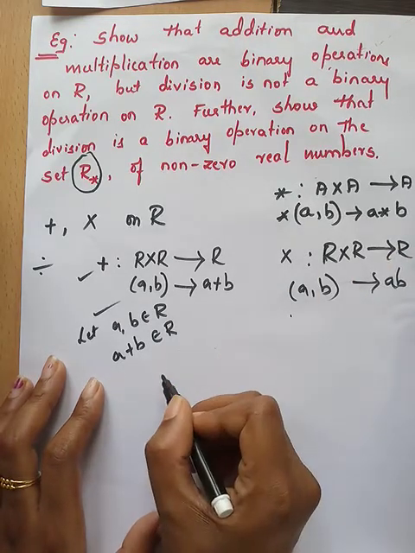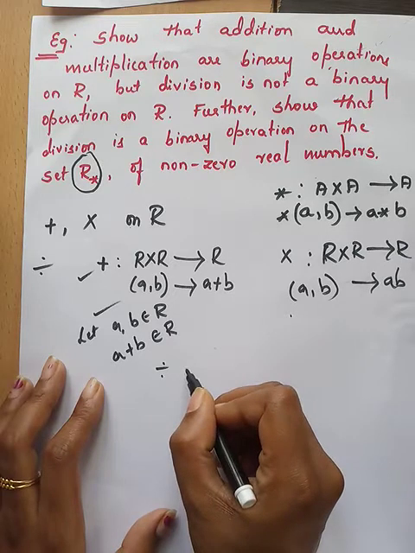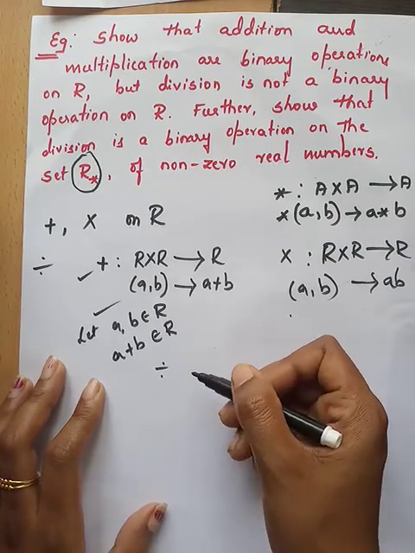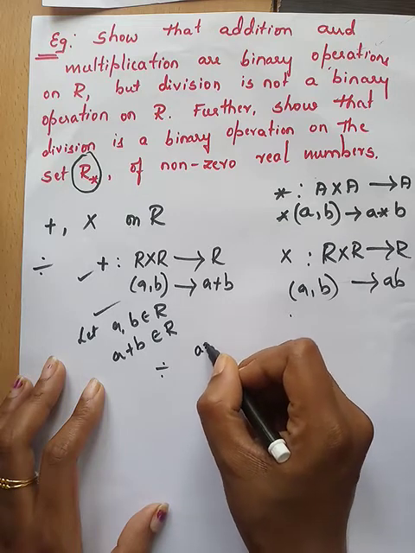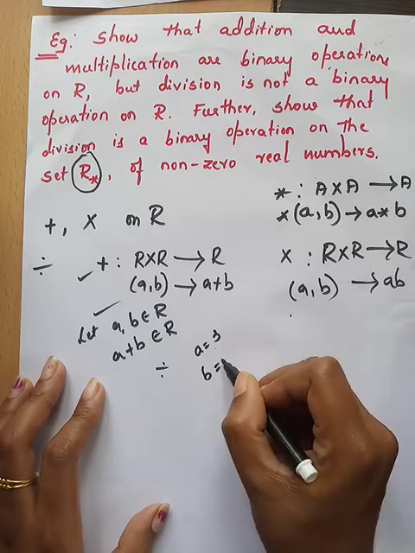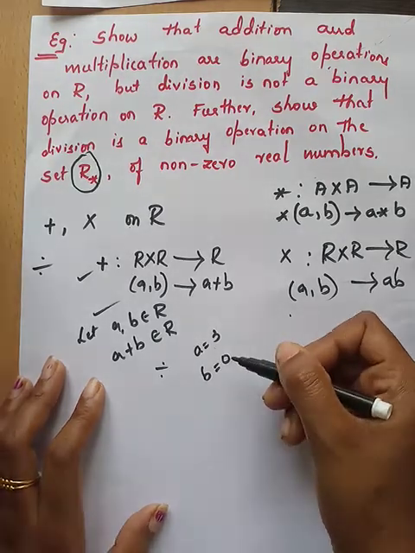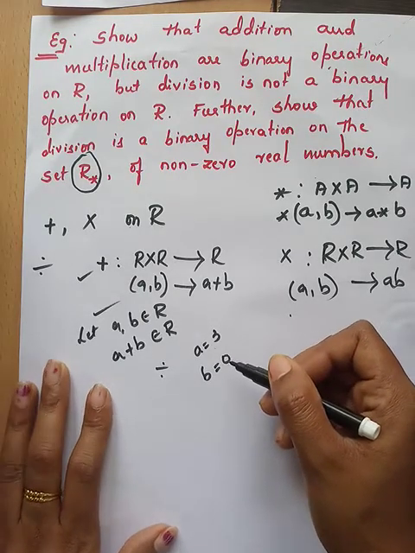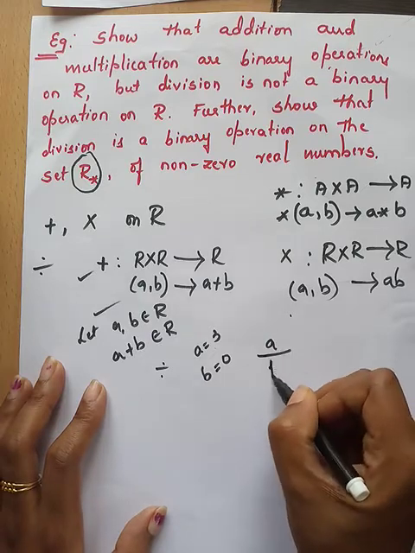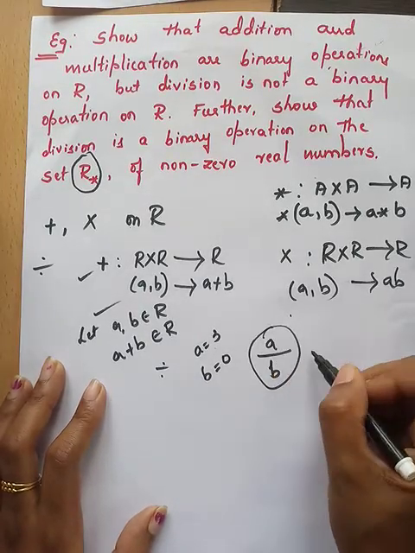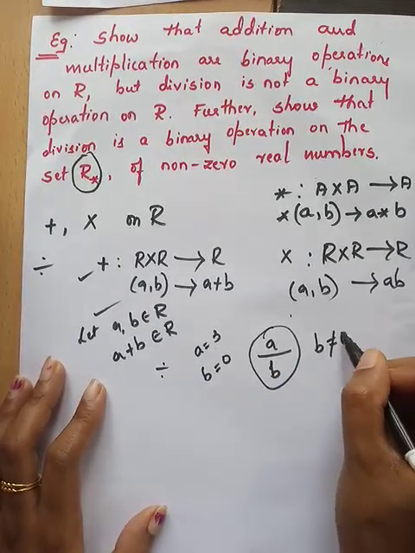But in case of division, division is not a binary operation. Why? Because if you take some numbers, say a is equal to 3 and b is equal to 0, we know that division is defined only if b is not equal to 0.